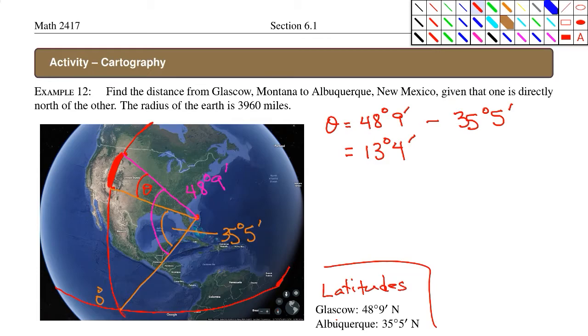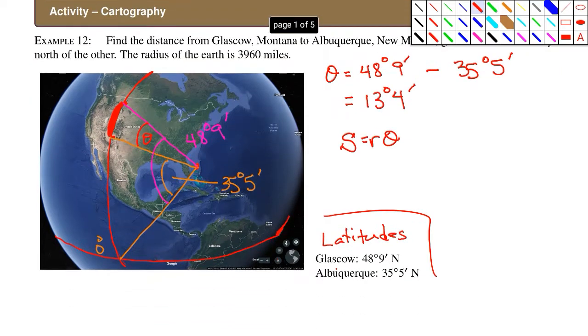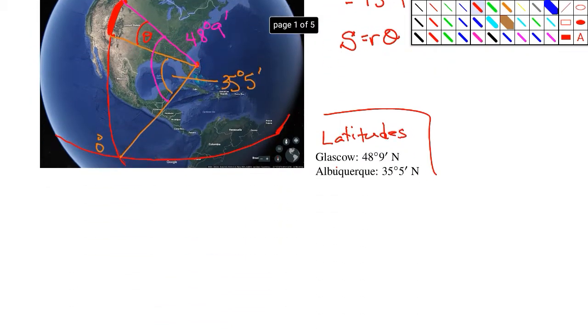Now, in order to do our computation with our formula, which is S equals R theta, I need to convert theta into radians. So let's do that down here. We have 13 degrees, 4 minutes. First, I'm going to convert this into decimal degrees.